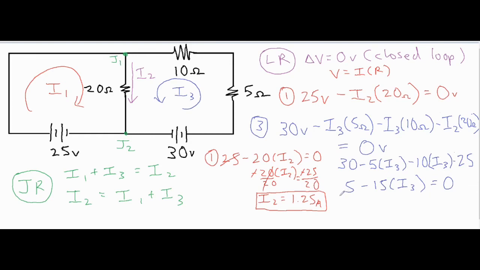So then I subtract 5 from both sides, and then this becomes negative 5. The negatives do drop out again, and then I divide both sides by 15. Okay, so my I3 comes out to 1/3.